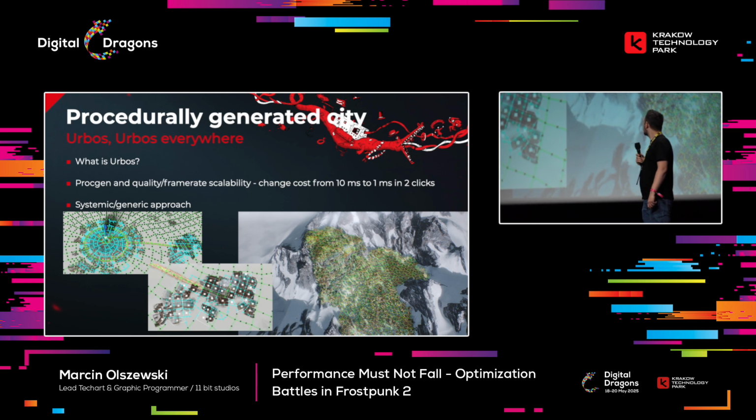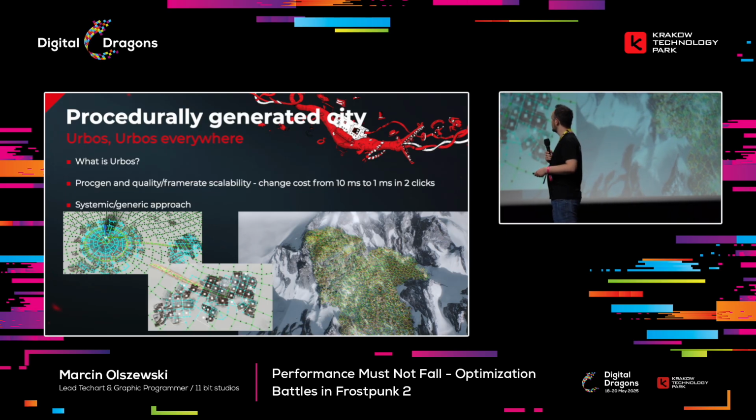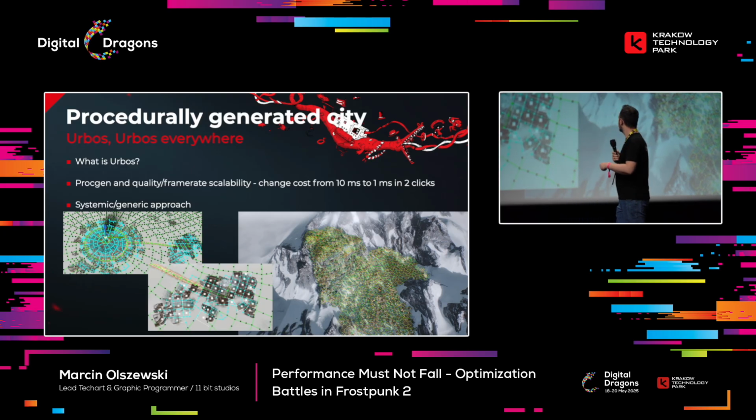Plus, for that kind of procgen, for optimization, the systemic generic approach also makes optimizations easier because you have some expectations for rendering, for how buildings will be built, how roads will be built, and it's maybe not the same, but it's predictable, okay?